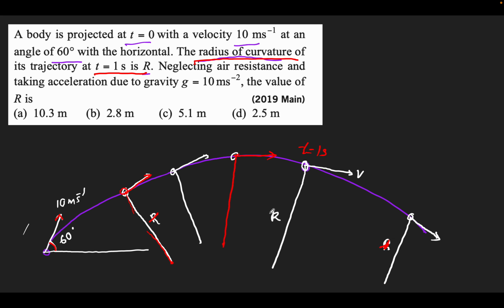Right now this is the t equal to 1 position. The radius at this moment is r. We are asked to determine this radius r, neglecting air resistance. You can neglect air resistance, and you can take g equal to 10 meter per second square. So it's a nice question. Let's try to understand. Let me redraw the whole thing again.